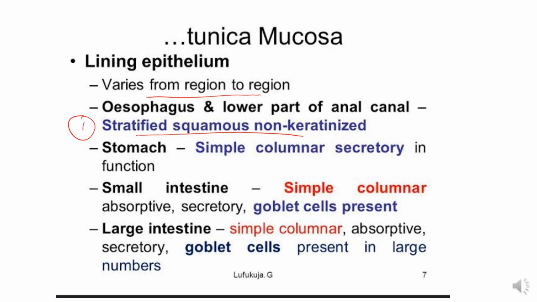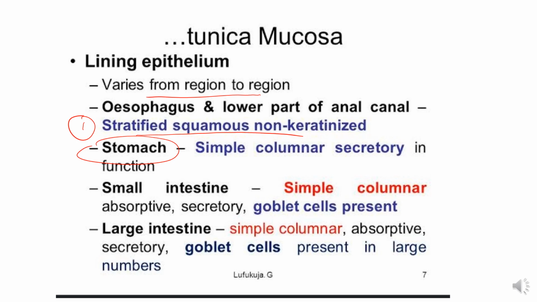Now, in the stomach the epithelium changes from stratified squamous non-keratinized epithelium to simple columnar epithelium, because here this simple columnar epithelium has to secrete and it has to absorb certain substances.